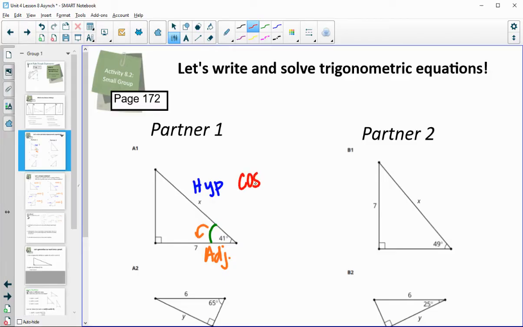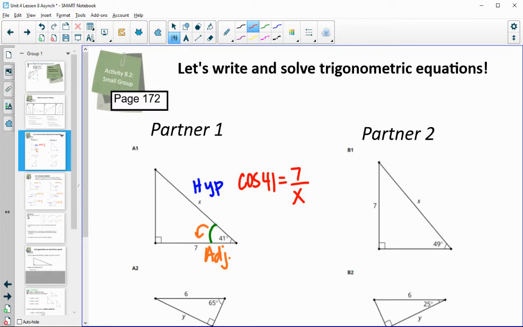So you would be doing cosine of 41 is equal to the adjacent side 7 over the hypotenuse x. Then use your calculator to determine the decimal version of cosine of 41 and use cross multiplication to solve.